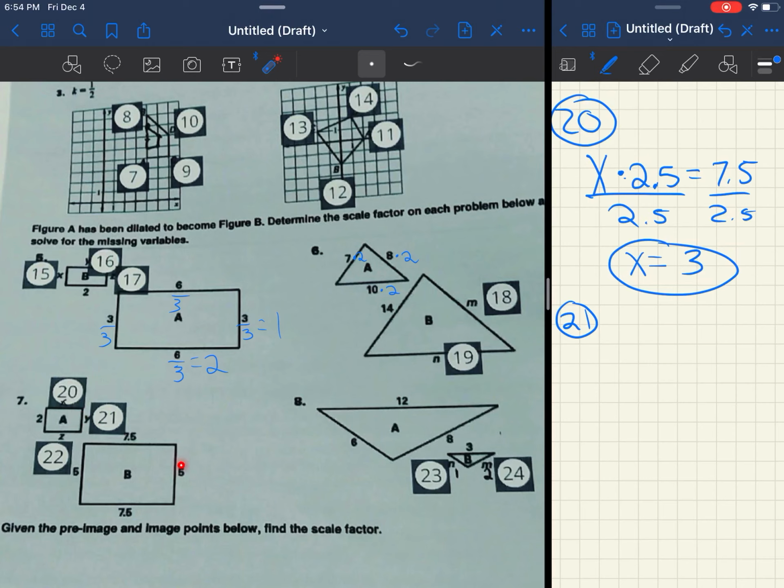So if I take y and I multiply it by 2.5, it's going to equal 5. The opposite of multiplying by 2.5 is dividing by 2.5. And I divide both sides by 2.5. And I get y equals 5 divided by 2.5 is 2. So the answer, number 21, is 2.